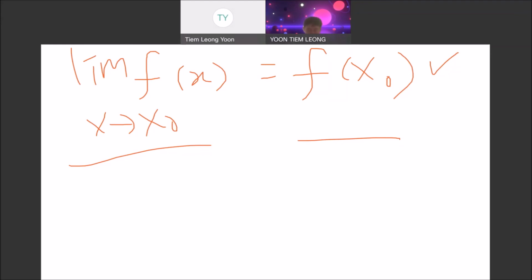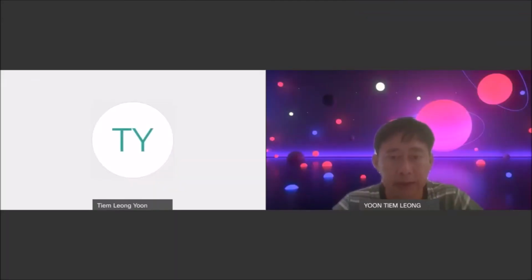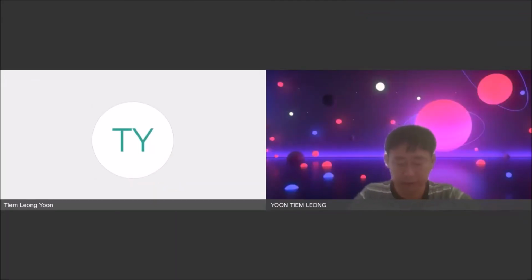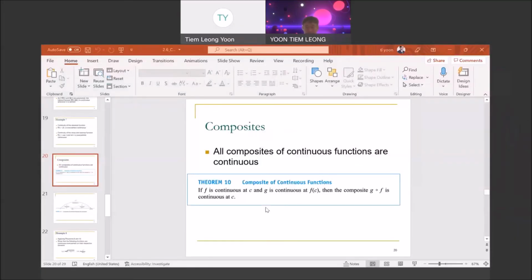If you refer back to theorem 10, it says this: if you have a composite function g composed of f, and f is continuous at c and g is continuous at f of c, then the composite function g composed of f is also continuous.